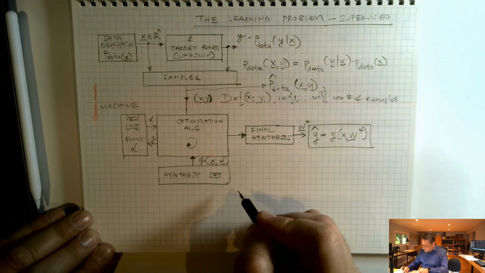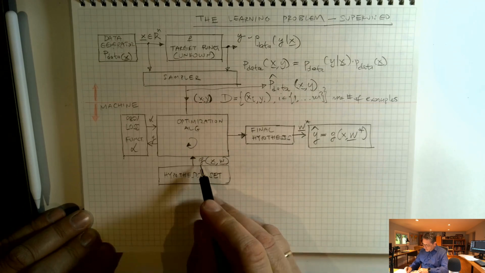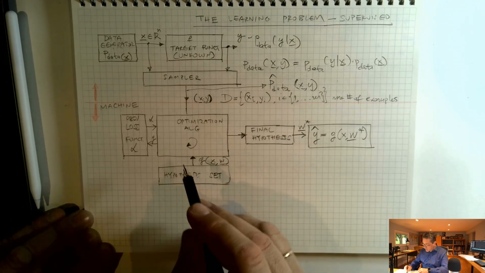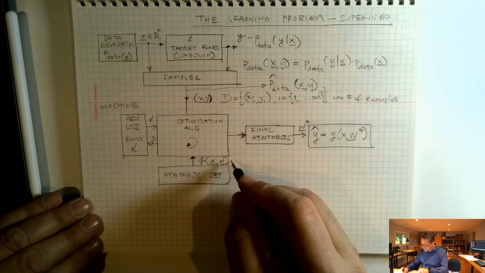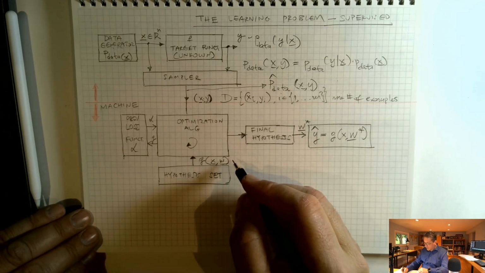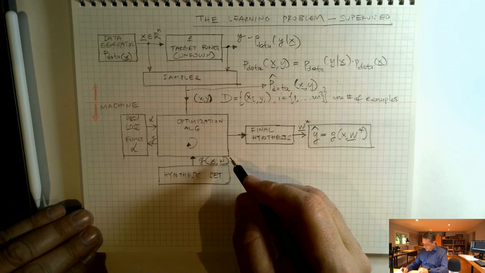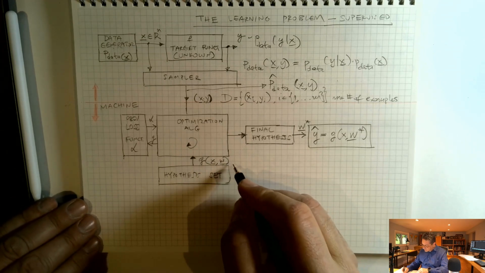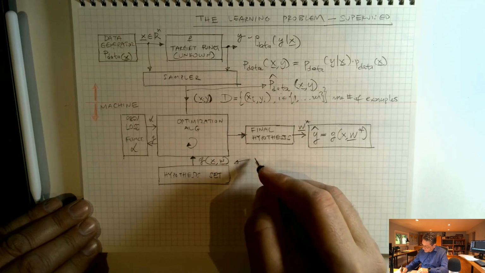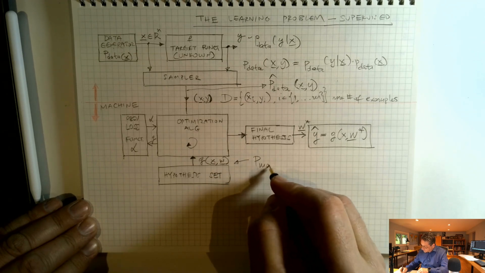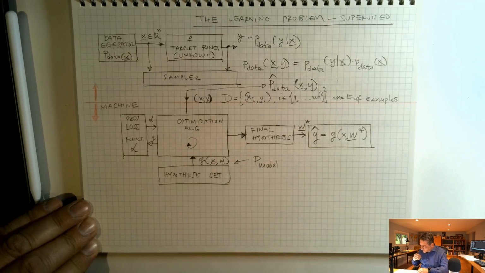Now, instead of producing a function g that was claimed to be as close as possible to the target function f, which was our attempt to make it as close as possible to the underlying target function f, we are now going to be producing a probability distribution called p-model as our hypothesis.